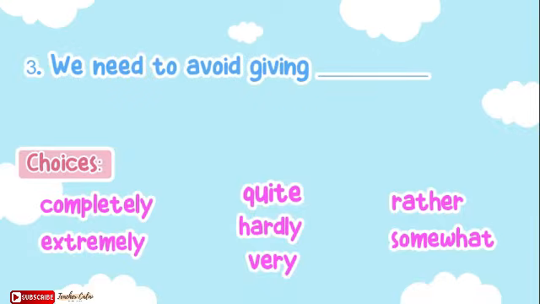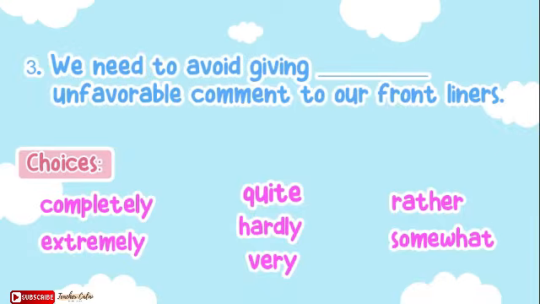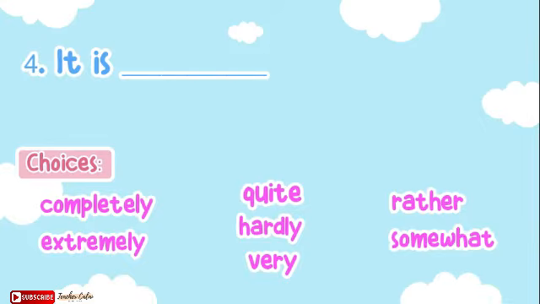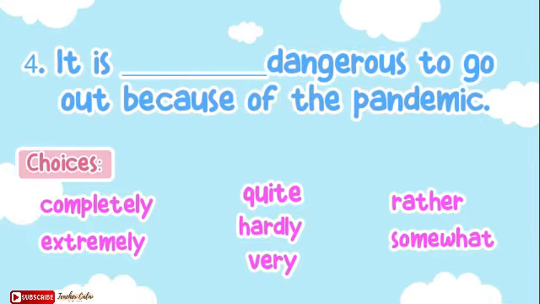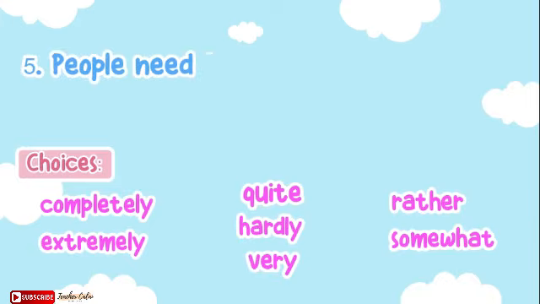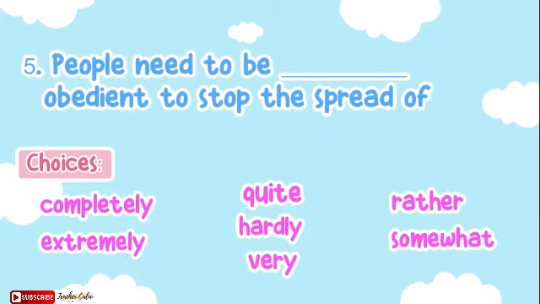Number 3. We need to avoid giving blank unfavorable comment to our frontliners. Number 4. It is blank dangerous to go out because of the pandemic. Number 5. People need to be blank obedient to stop the spread of virus.